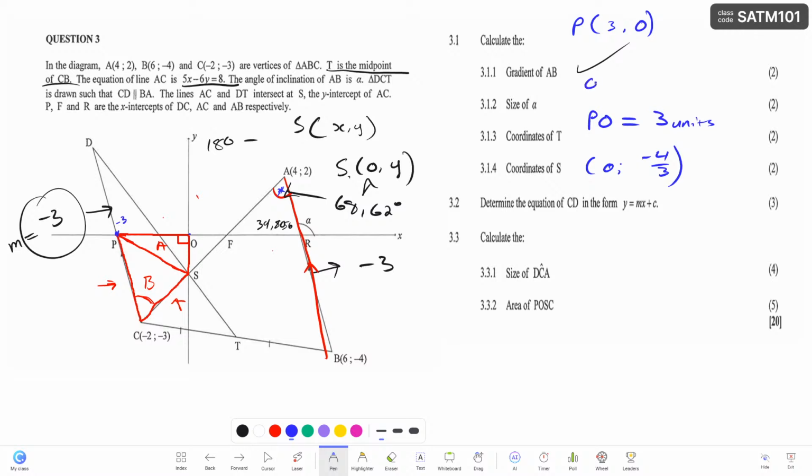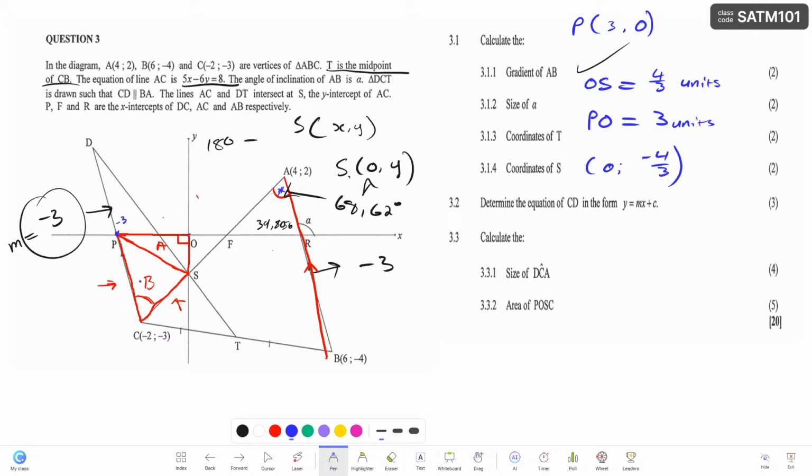So since this one is Y, we are going to take our Y. The reason why I take 3 here is because this side is the X-axis. So this side is the Y-axis, so we are going to take Y. So meaning our distance is 4 over 3 units. So, okay, now we have the distance of this one and this one. We can calculate the triangle of PSO. We can simply calculate the area of the triangle.